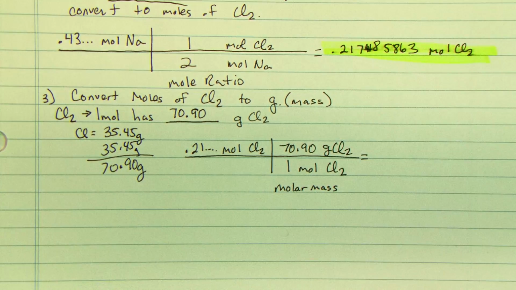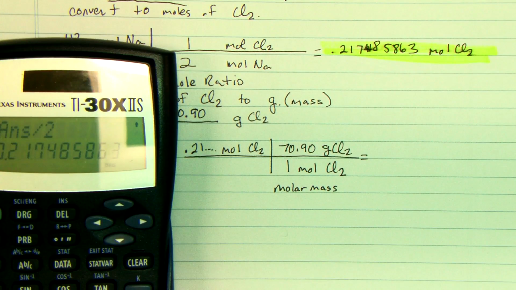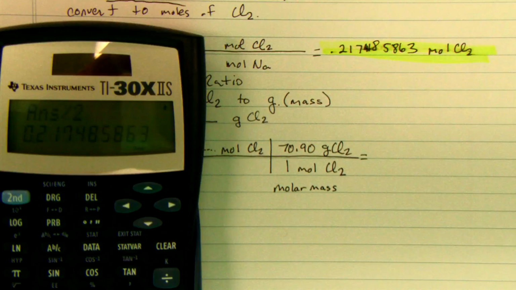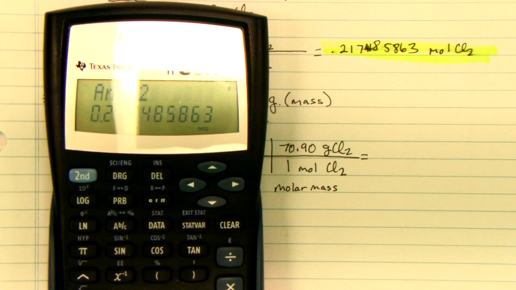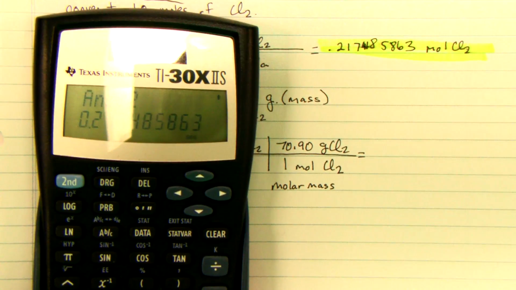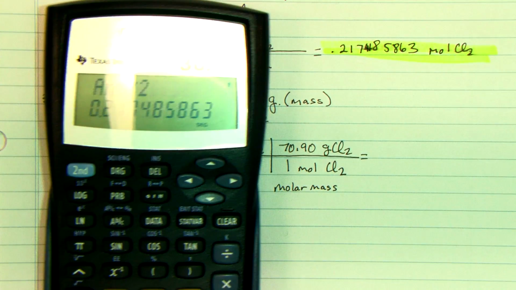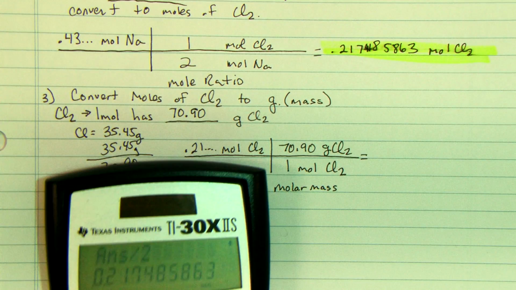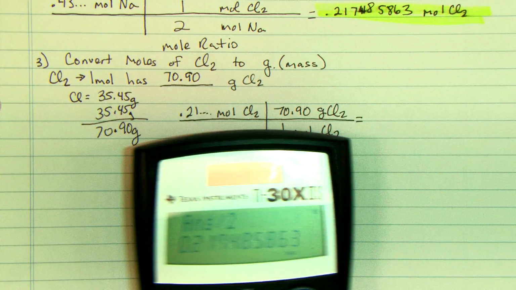So now the next question becomes, well, that didn't help. What do I do with this value? I have 0.21 and change. What do I do to that? Yeah, we're going to multiply.